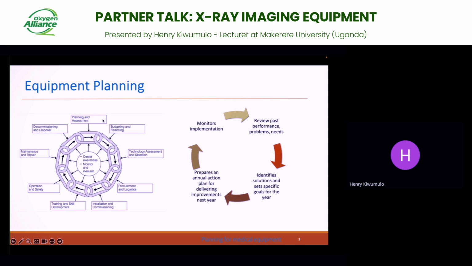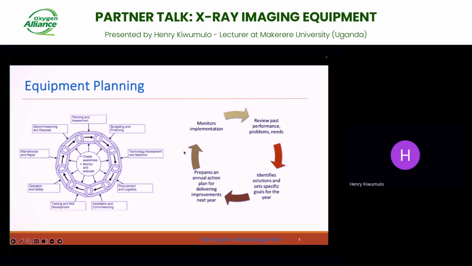So this involves budgeting and financing, the technology assessment, the procurement, the installation, the training, the operation and safety, and the maintenance. But all this needs to create awareness and also to monitor and evaluate this machine as it gets installed and as it gets used. And of course, even decommissioning later on.